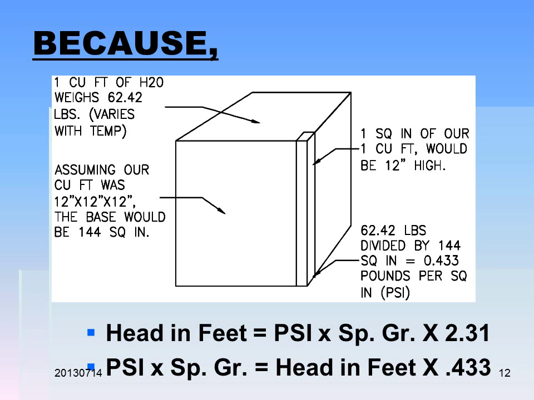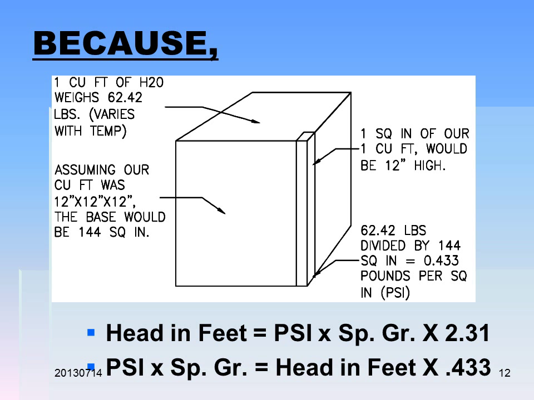This varies with temperature, of course, but we're assuming that our cubic foot was 12 inches by 12 inches by 12 inches, so the base would be 144 square inches. So if we look at 1 square inch of the base, 1 foot high, and we divide 62.42 pounds by 144 square inches, we would get 0.433 pounds per square inch.